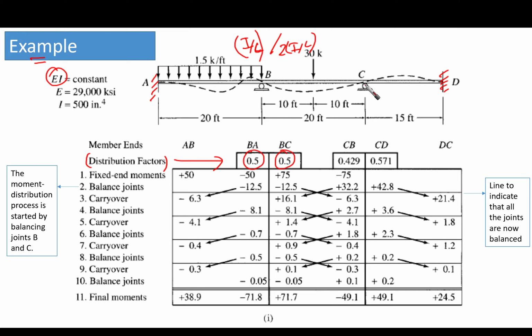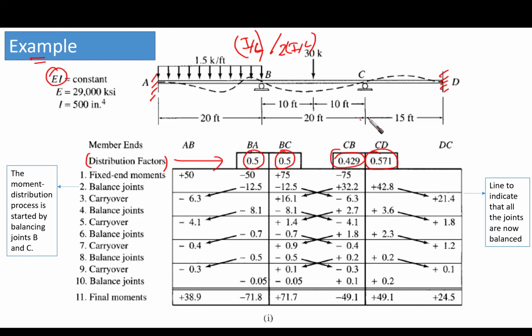In a similar fashion, we do this for point C. Because this span is 20 and this span is 15, the distribution factor is not 50-50; it is going to be around 0.43 here and 0.57 here.